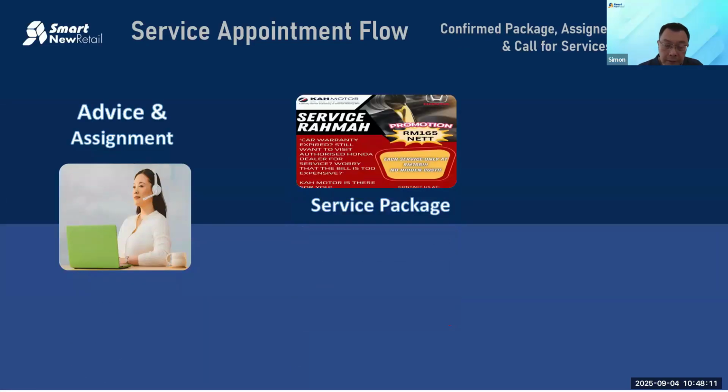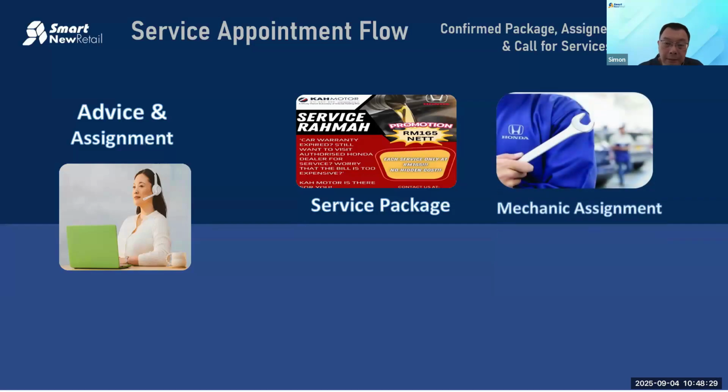So in the calling section, the advisor can also advise the customer on a package, what kind of services, 10,000 services or 5,000 services. If you are able to provide the package, also good. It's up to you, because here you can also record which package you choose. Then for the mechanic, you can refer back to the car file, whether you want to use the same mechanic or not, up to the customer's option.